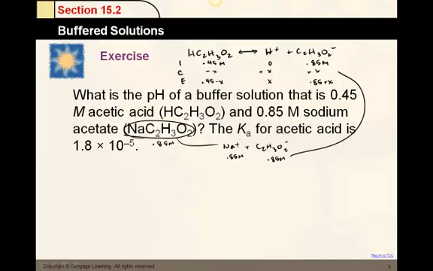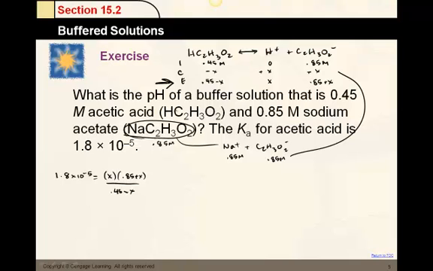We know that Ka, which is 1.8 times 10 to the negative 5, is equal to the products over the reactant, and using our equilibrium row, it's X times 0.85 plus X over 0.45 minus X. So just using the information from up here.